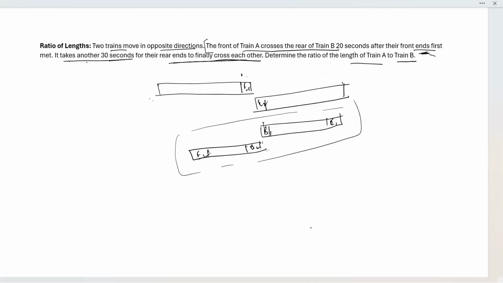So it says the front of train A crosses the rear end of train B 20 seconds after their front ends first met. So front ends first met means this situation, and from here it moves to a situation where the front of train A crosses the rear of train B. So let this one be A and this be B. So the situation is something like this.